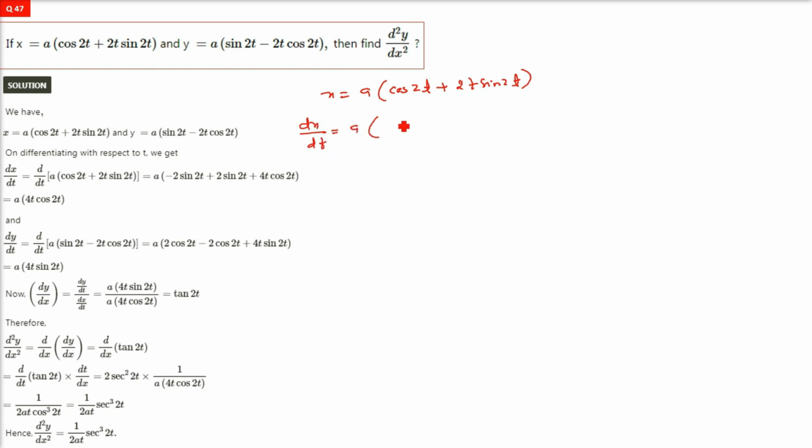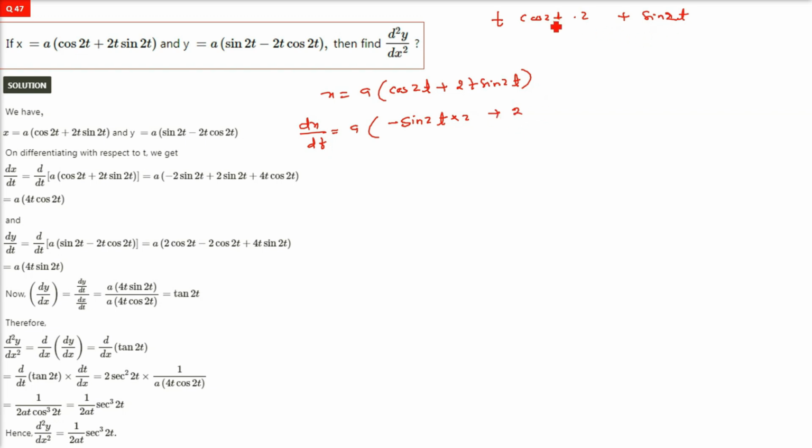So dx by dt. So a cos 2t is minus sin 2t, and differentiation of 2t will be 2 only, plus 2. Now t sin 2t, let us take it somewhere else and differentiate it, and let us bring it back. So t cos 2t, and we have differentiated this sin 2t as cos 2t, differentiation of 2t is 2. Now sin 2t will be there, differentiation of t will be 1.